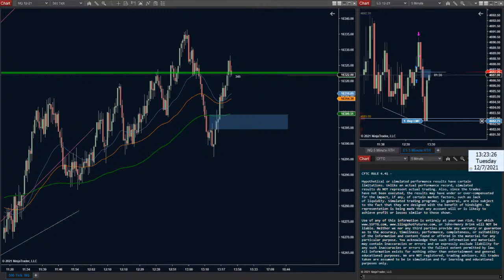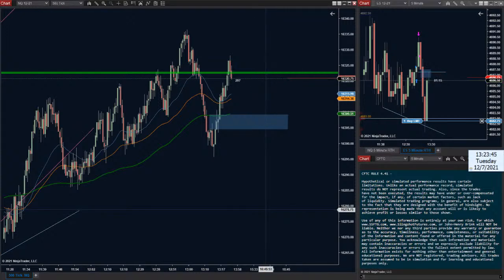They're trying to hit it. Sellers pressing back down just a little bit.